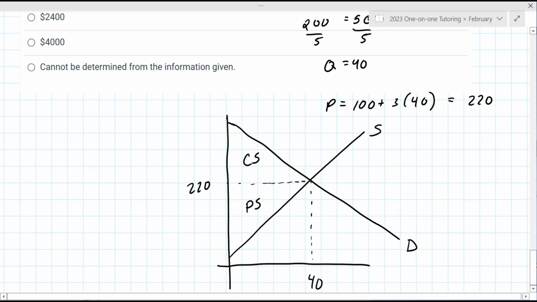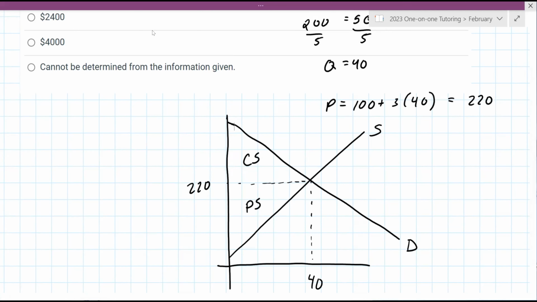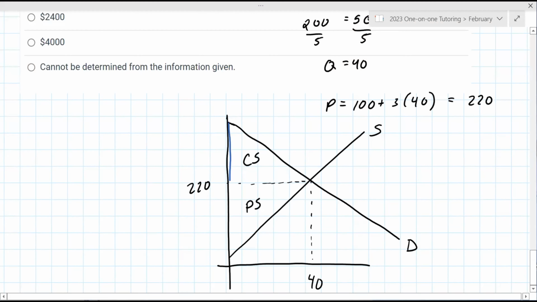Okay, so you have to find the area of this triangle. We'll do that in blue here. The consumer surplus is one half base times height. It doesn't matter which you use, but this would be a good one to use for the base, so consider that your base down there. So your base is 40, because that's where the curves intersect. The height is a little more complicated. You're trying to find this up here.